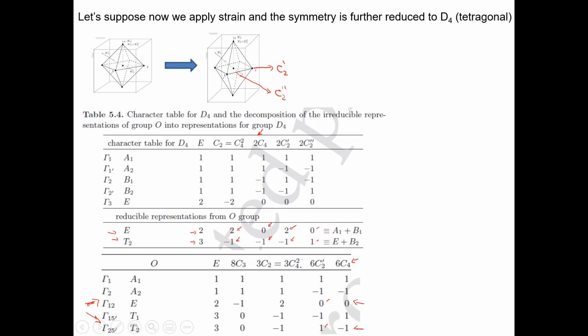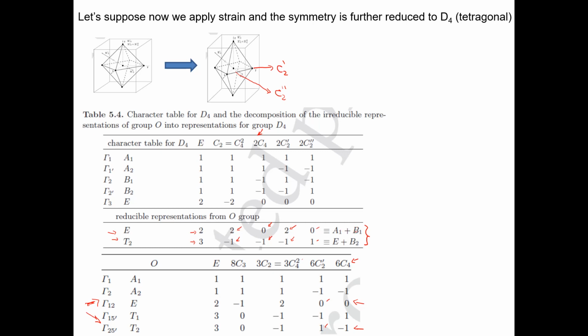Okay. All right. So then after you find the characters, the idea is just the same as we did in the previous slide. You decompose these two reducible representations into the irreducible representations of the group. I'm not going to do the calculation because it's very similar to what we have done before.